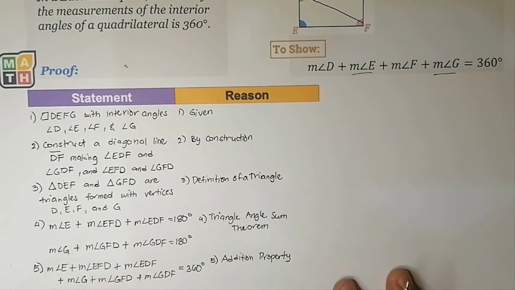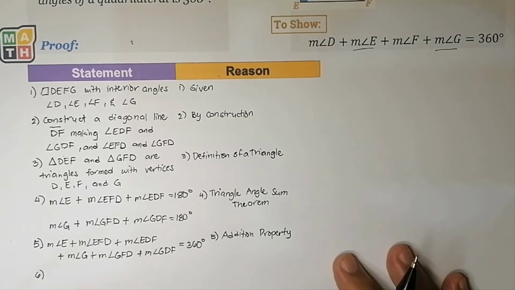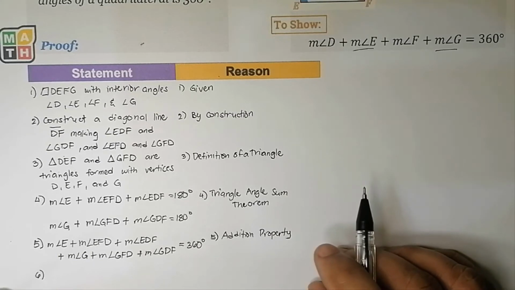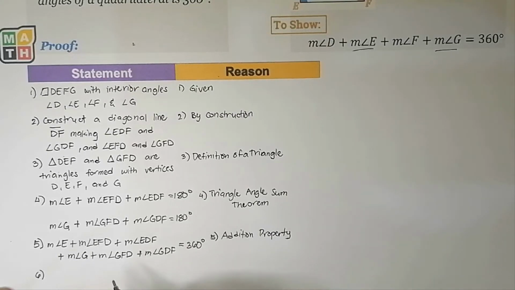Statement number 6. Move this one up a little bit. We don't necessarily need the figure, but I'm also going to bring it down if necessary. Notice these two angles, EFD and GFD. Again, angle EFD and angle GFD.